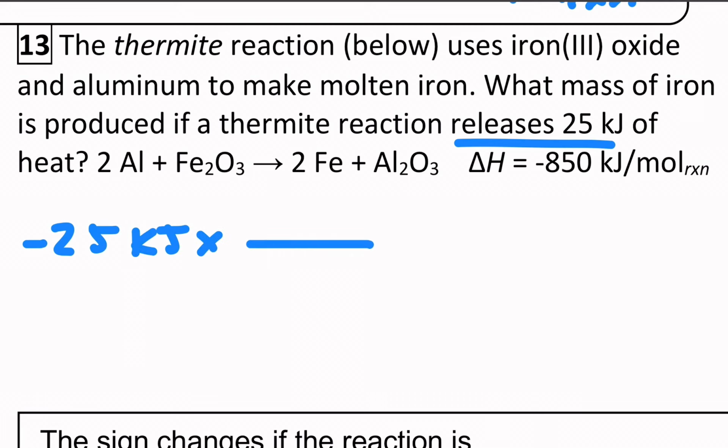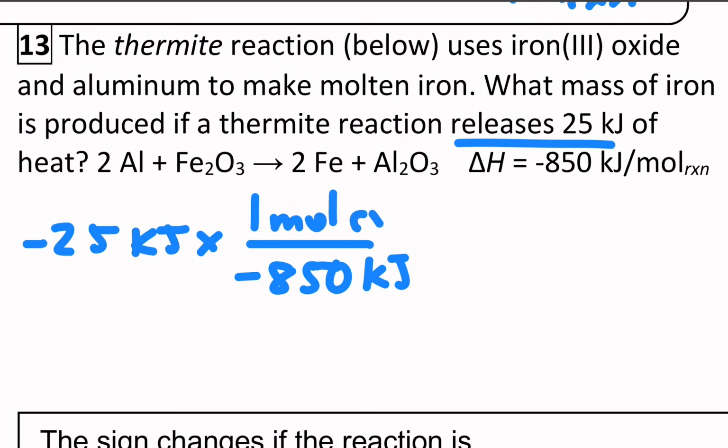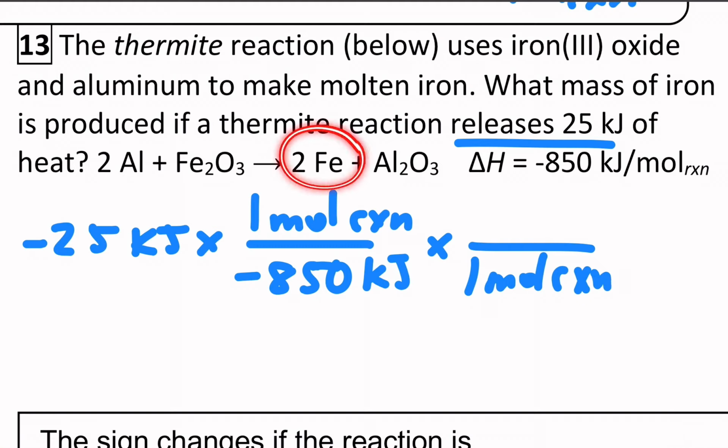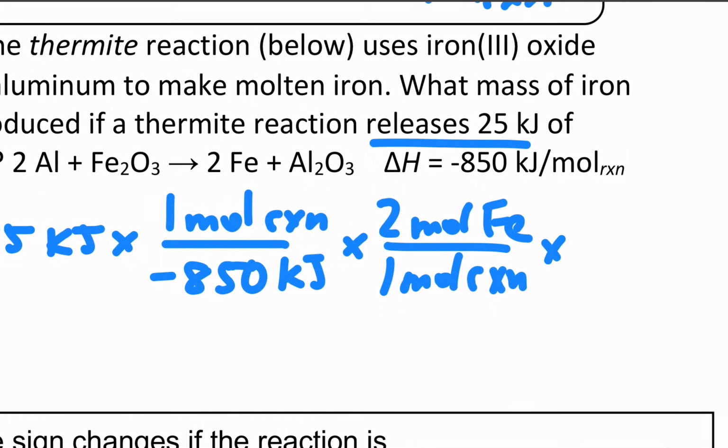And then in my first conversion factor, I'm going to put kilojoules in the denominator, so negative 850 kilojoules is how much is released for 1 mole of reaction. And then in 1 mole of reaction, in other words, 1 reaction, we're trying to get into stuff related to iron. There's 2 moles of Fe, 2 moles of iron.